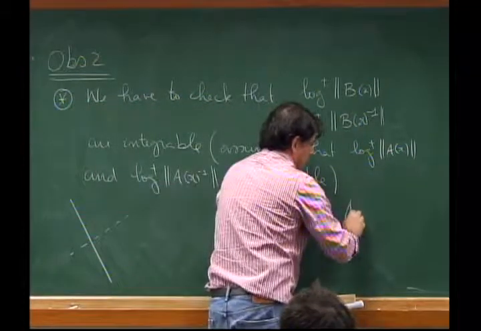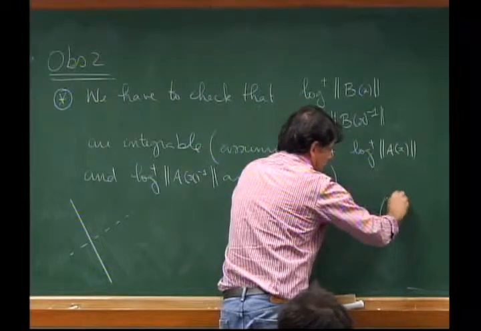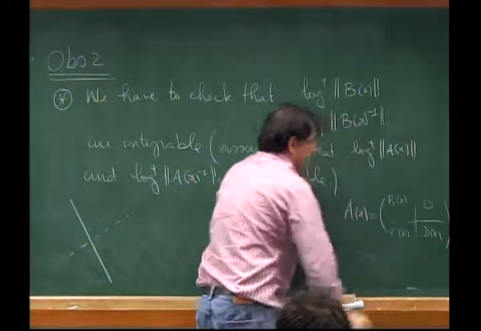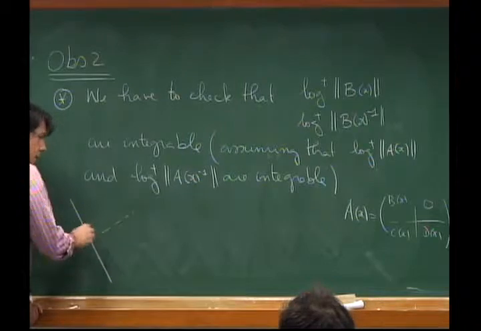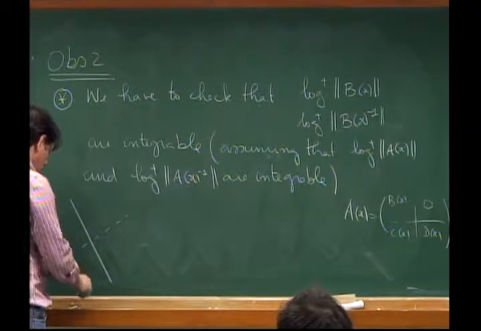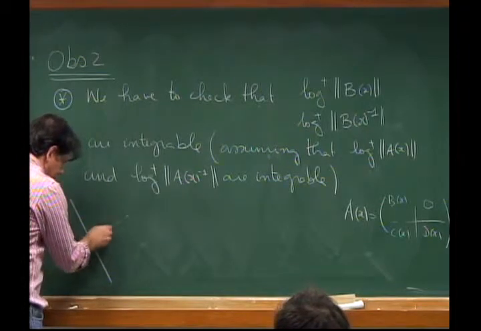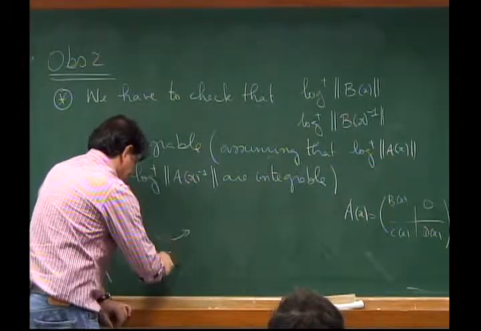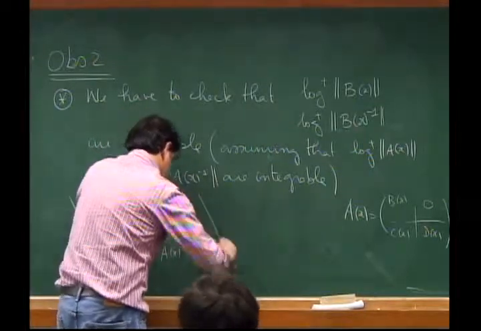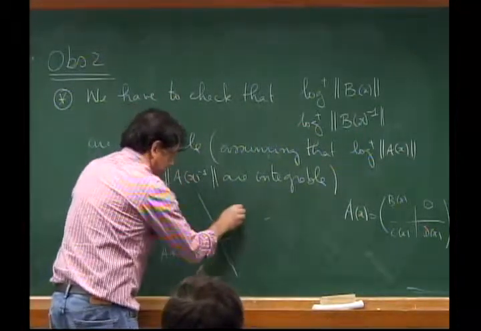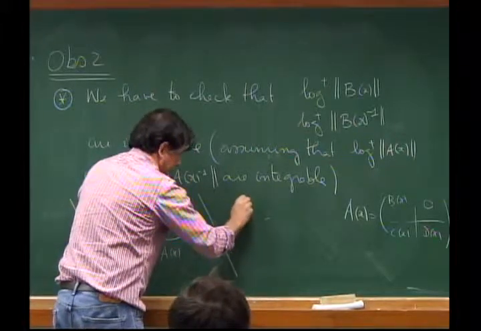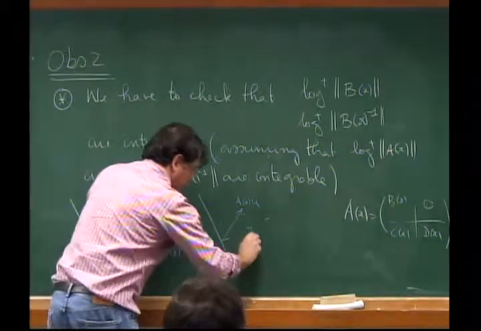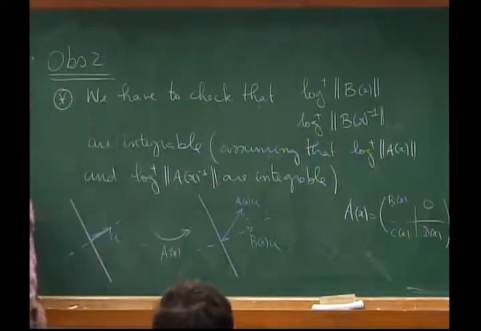Remember, A of x is B, 0, C, D. Basically, the reason is that you take a vector u in the orthogonal, you iterate it by A, it goes somewhere, and then you project it to the orthogonal, and what you get here is Bx of u.